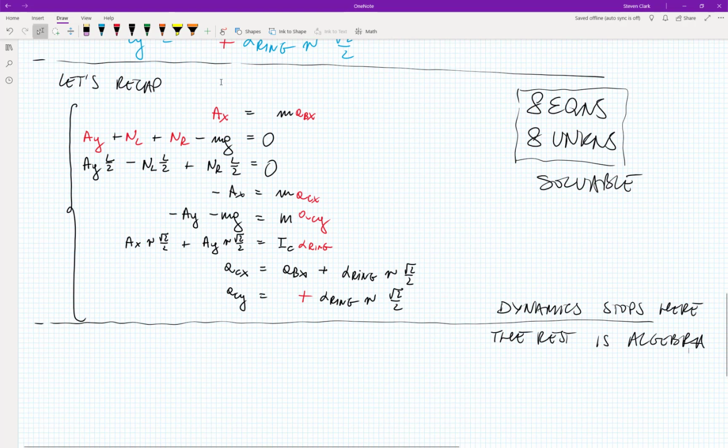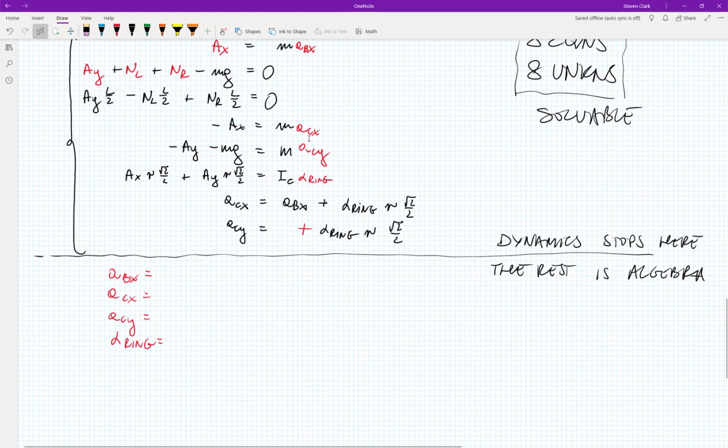So I have to provide you solutions for these 8 parameters, right? So it will be ABX, ACX, ACY, alpha ring, and also our reaction forces.